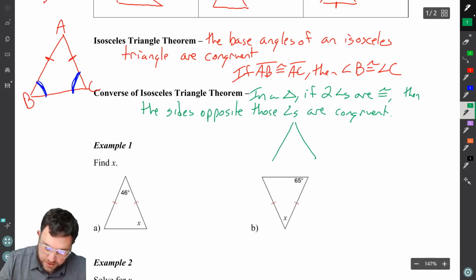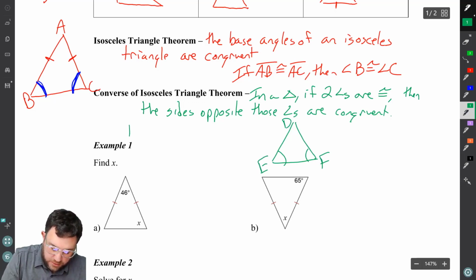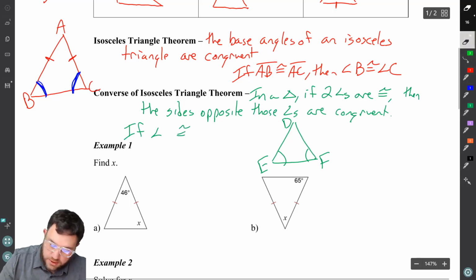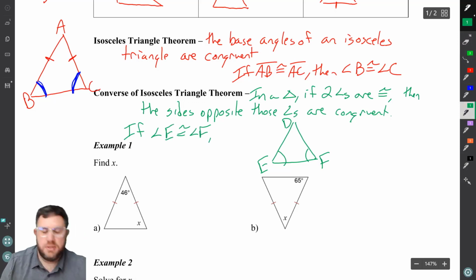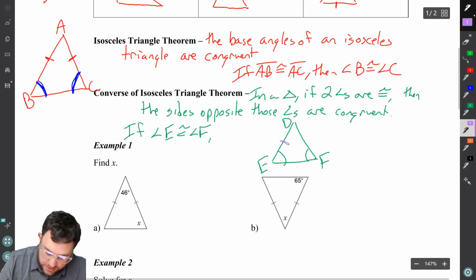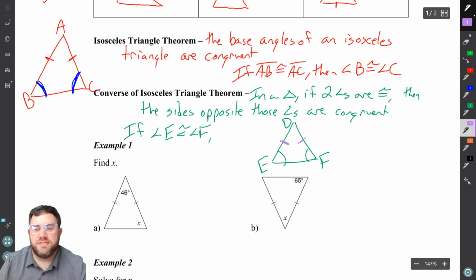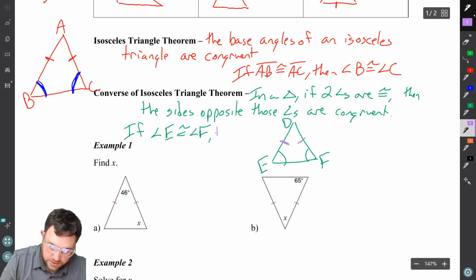So if we have this triangle here, we'll call this one DEF, if we know that angle E and angle F are congruent, then this tells us that DE and DF, those sides, are also congruent.